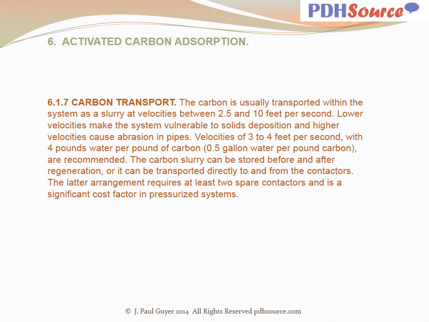The carbon slurry can be stored before and after regeneration, or it can be transported directly to and from the contactors. The latter arrangement requires at least 2 separate contactors and is a significant cost factor in pressurized systems.